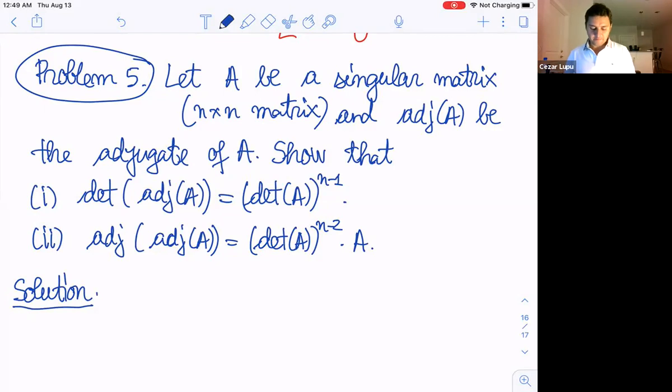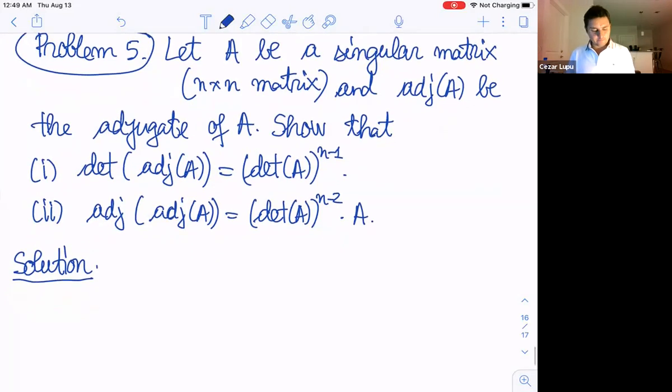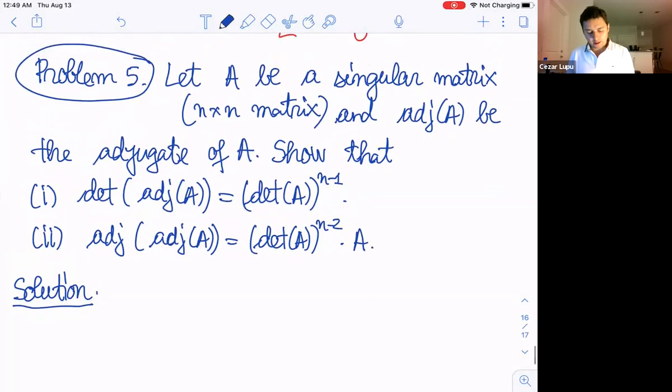Okay, let's see. What do we know about the adjugate? Keep in mind, wait. What did I say here? It's a non-singular matrix? I don't think so. Not a singular matrix. It's kind of late, so.